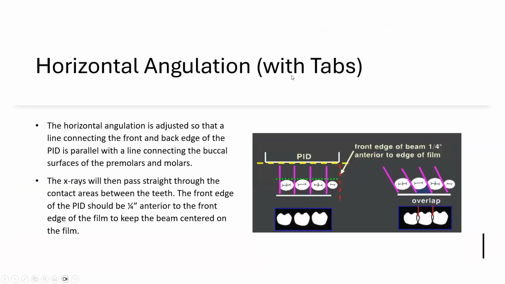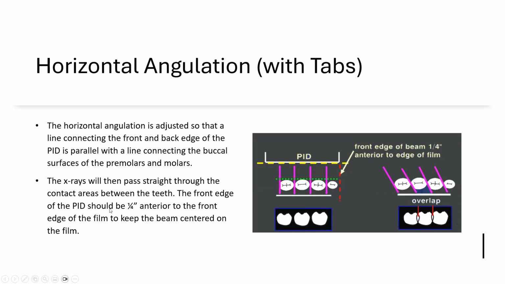Horizontal angulation with tabs. The horizontal angulation is adjusted so that a line connecting the front and back edge of the PID is parallel with a line connecting the buccal surfaces of the premolars and molars, like this. The X-rays will then pass straight through the contact areas between the teeth.